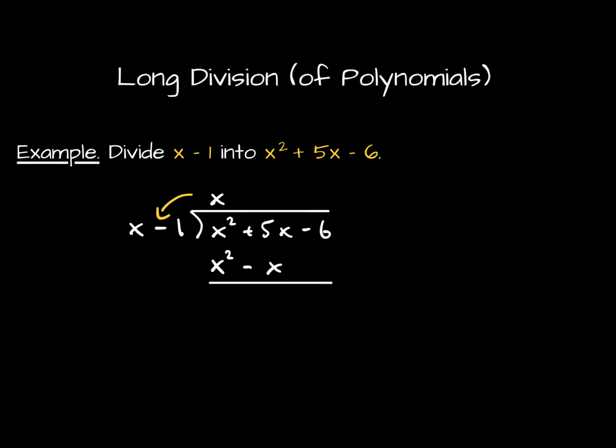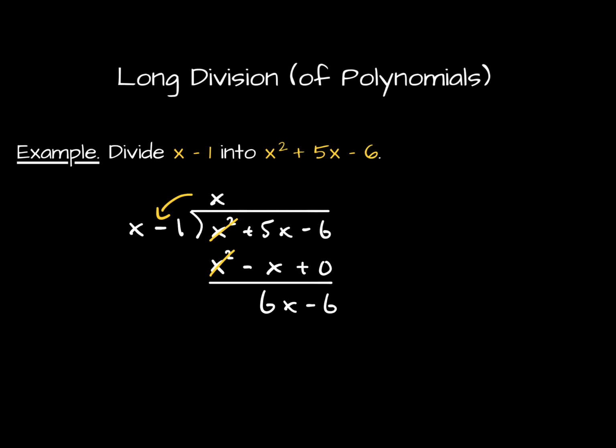We'll subtract term by term. X squared minus x squared is, of course, just 0. Then 5x minus x is positive 6x. And negative 6 minus 0, we can just imagine that there's a 0 there, is minus 6.